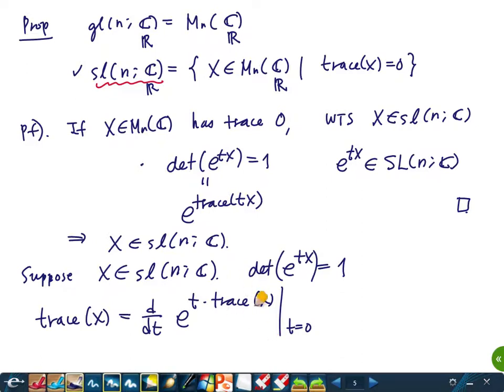It's not even a matrix exponent, just a one-variable exponent, right? But this is equal to d/dt of the determinant of e to the tX, at t equals 0. Because this is equal to this. But now, this is always 1, so the derivative is going to be 0. So the trace is 0. So they are the same.